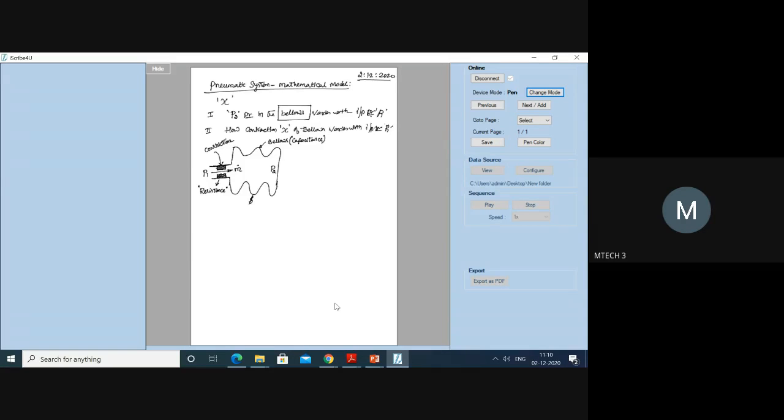The resistance is provided by a constriction which restricts the rate of flow of air into the bellows, and capacitance is provided by the bellows itself.